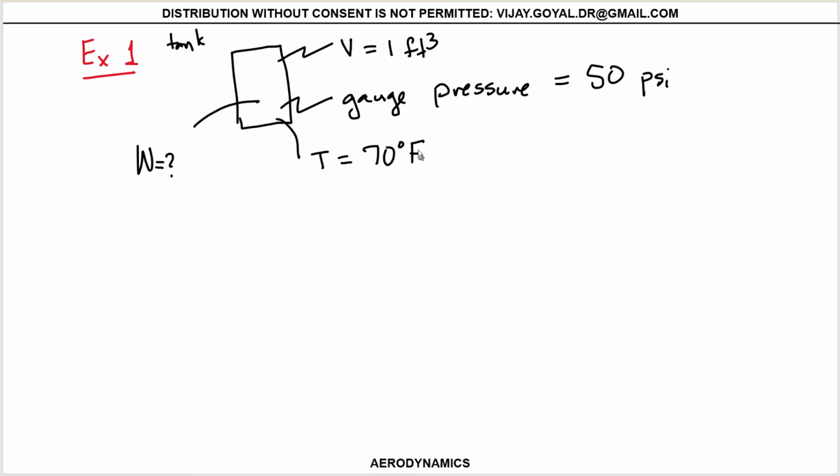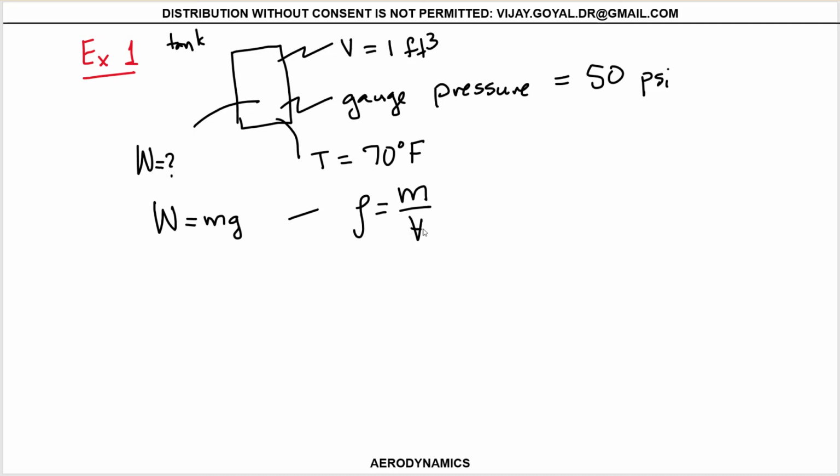Okay, so when we start this problem, the first thing we need to do is find what the weight is. This is what we are looking for. We know the weight is equal to mass times gravitational acceleration. We know that density is equal to mass over volume.